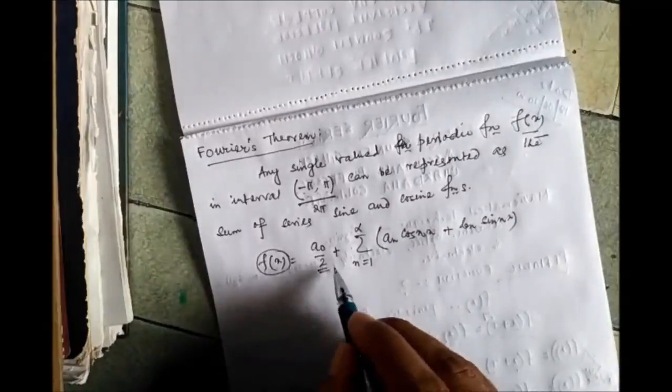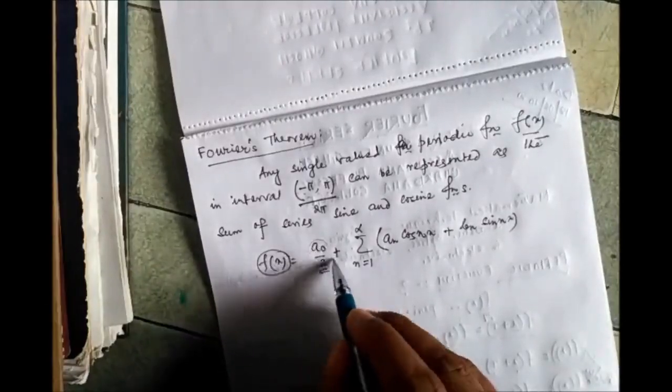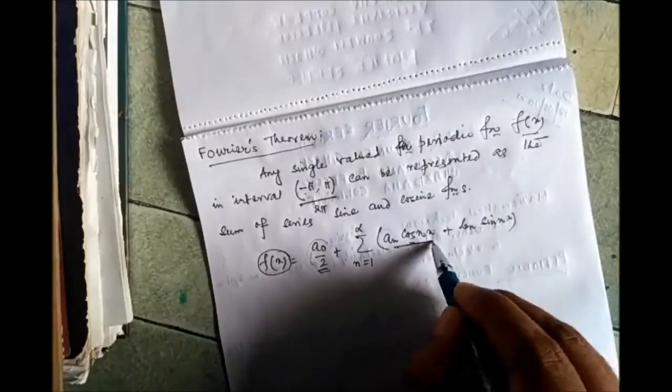So f(x) can be represented as a constant a0 by 2 plus sum of this cosine function and sum of some sine function.